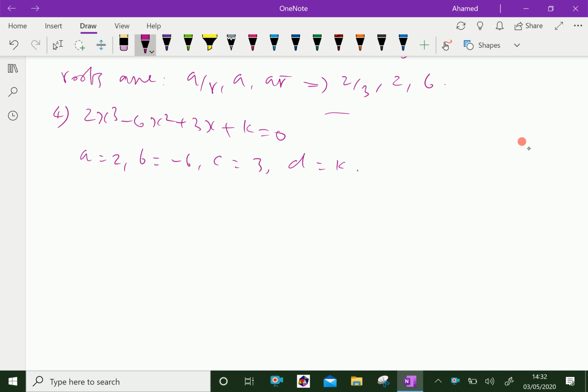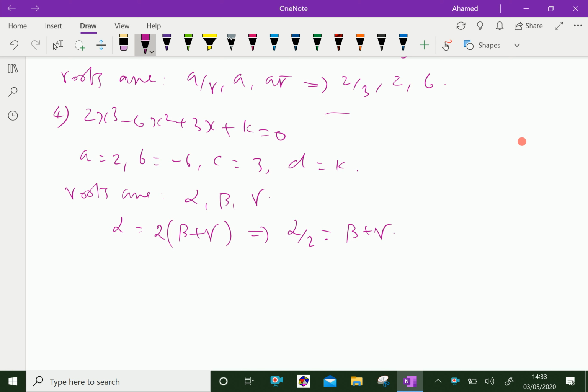Let the roots be alpha, beta and gamma. The condition given is alpha equal to 2 times bracket beta plus gamma, which gives alpha by 2 equal beta plus gamma.